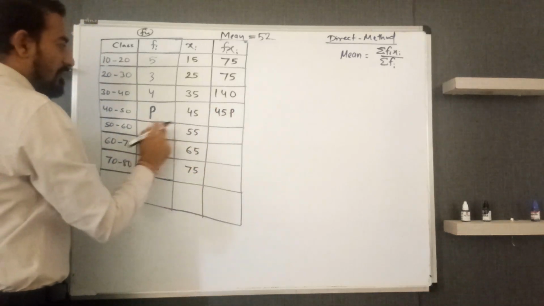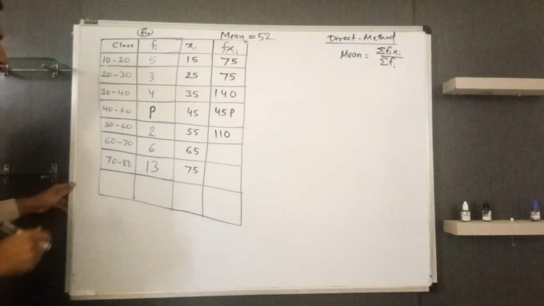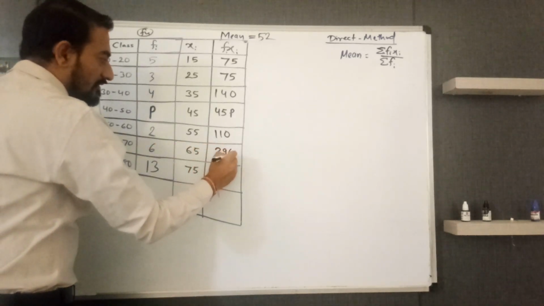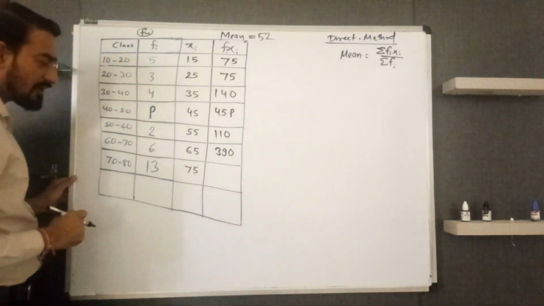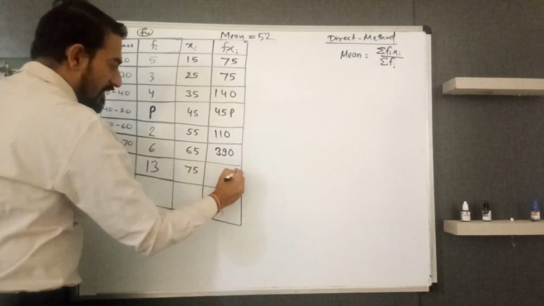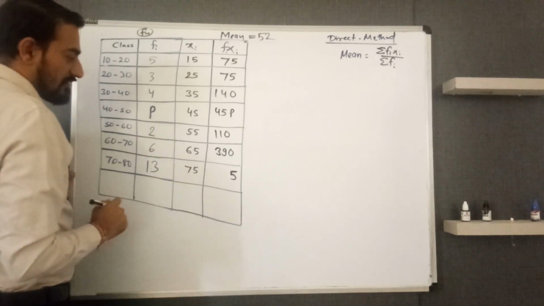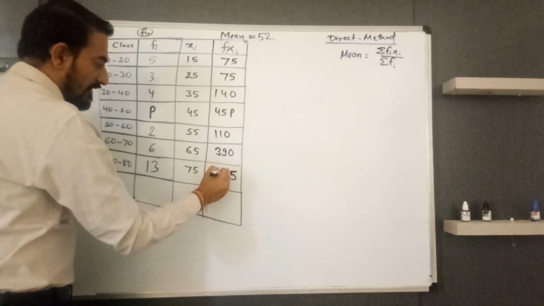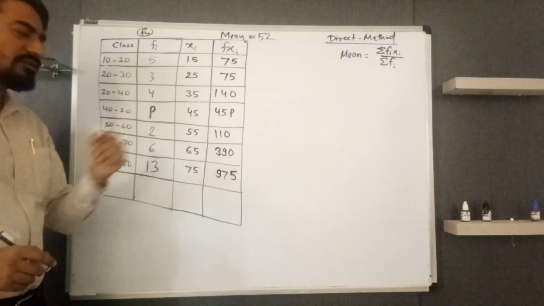Then 55 times 2 is 110, 65 times 6 is 390, and 75 times 13: 13 times 5 is 65 and 13 times 7 is 91, so 975. So we have obtained all the products.